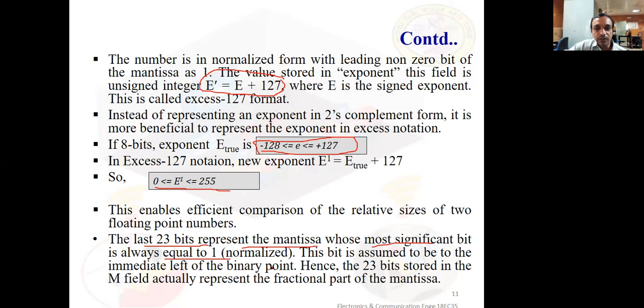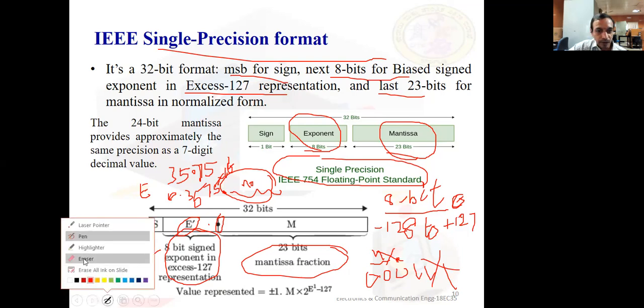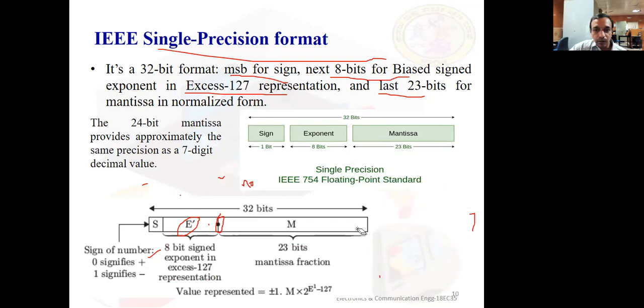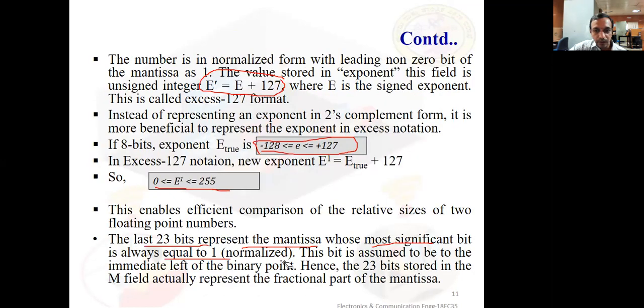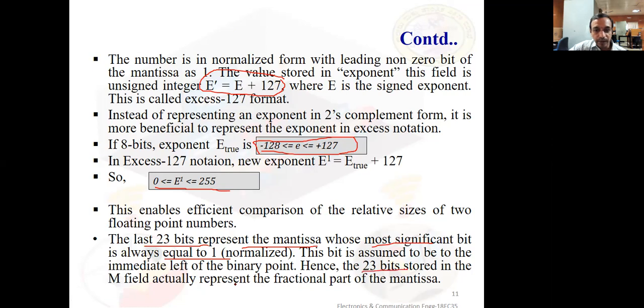So you don't get something like 0.00111, which is unnormalized. So 23 bits are used to store the mantissa, representing its fractional part.